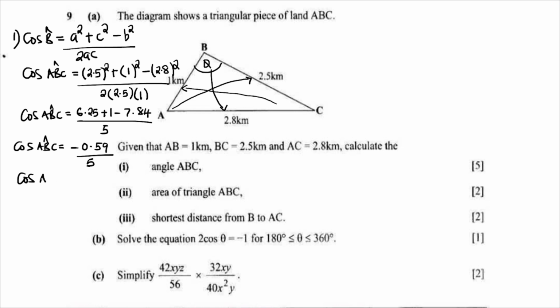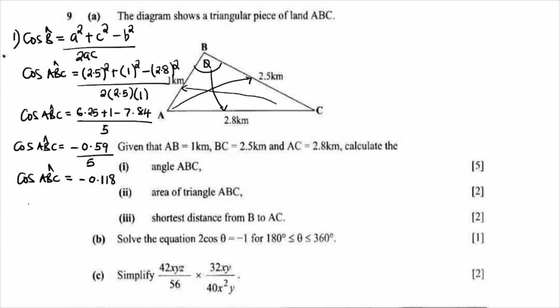So cos ABC is equal to negative 0.59 divided by 5, which gives negative 0.118.